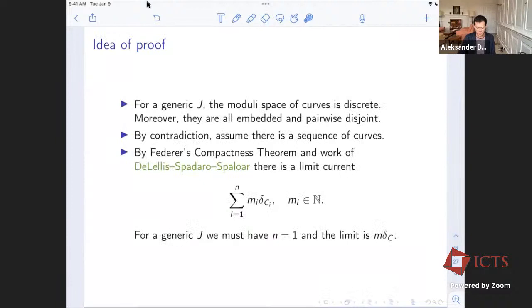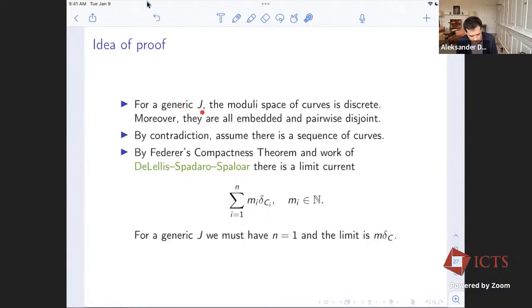So let me just very briefly discuss the idea of the proof, just to show how it's different from some of the standard things you do in the study of moduli spaces of pseudo-holomorphic maps. This is just a very brief sketch. It's a combination of some results in geometric analysis and some results about pseudo-holomorphic maps.